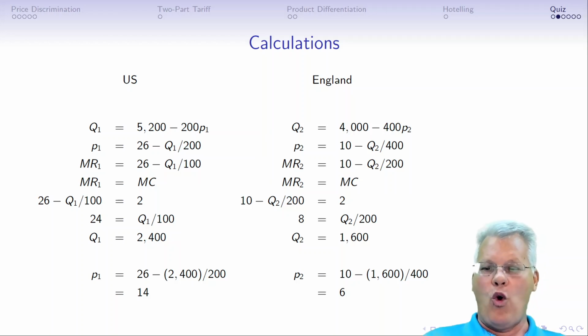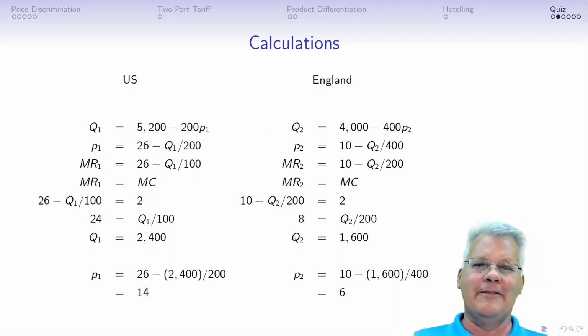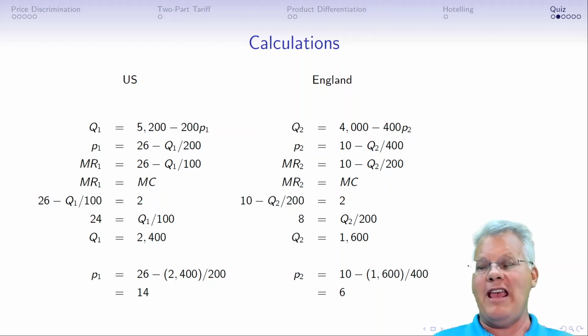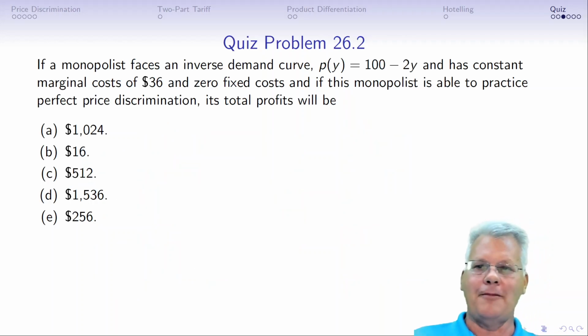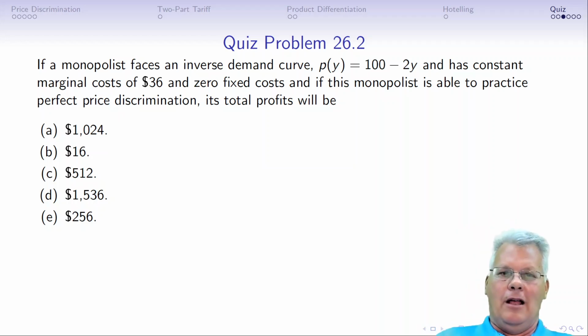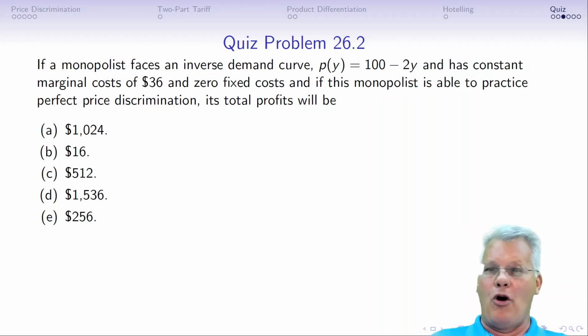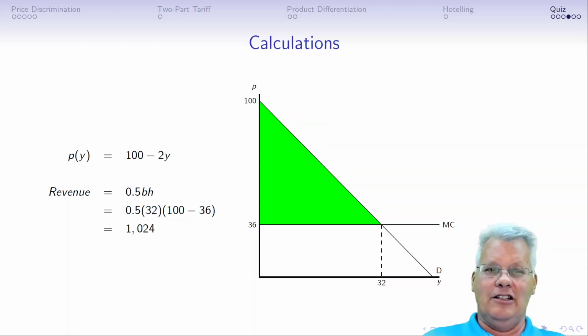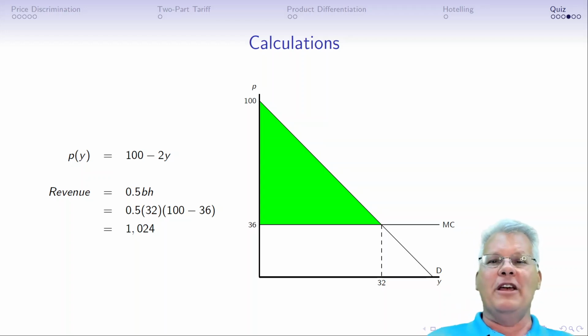We solve for quantity and the price in the US. And we should do the same thing in England, and you can see that the price differential should be 8.